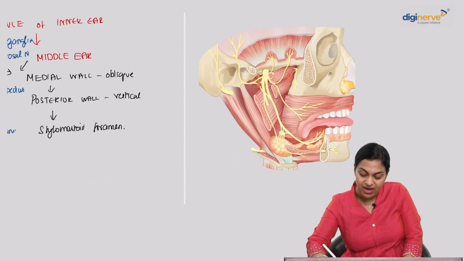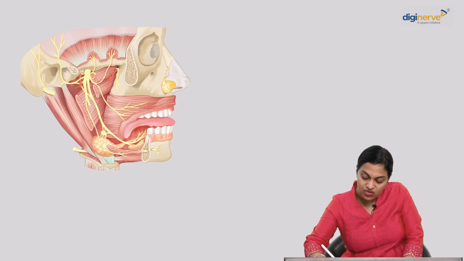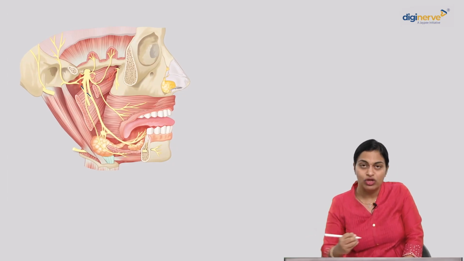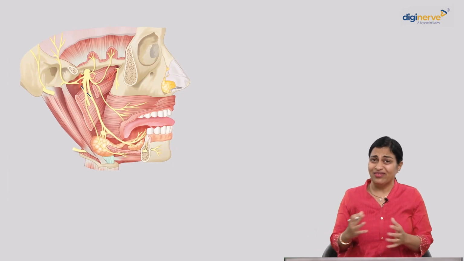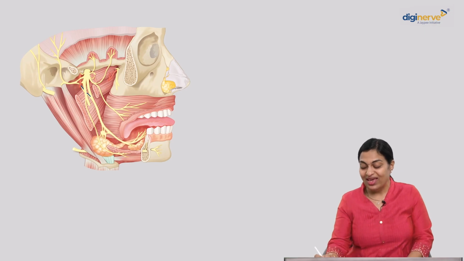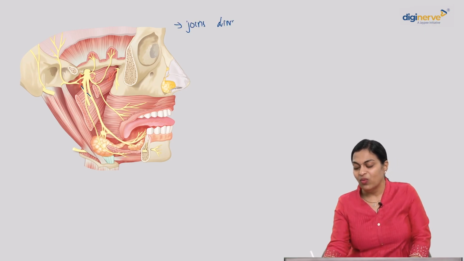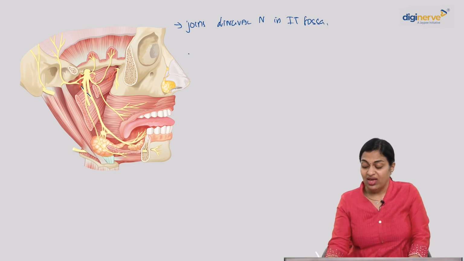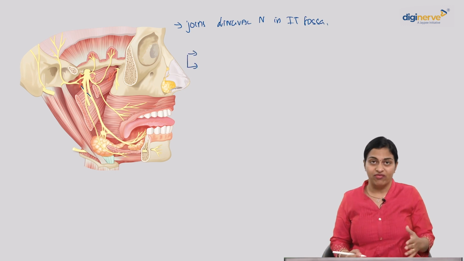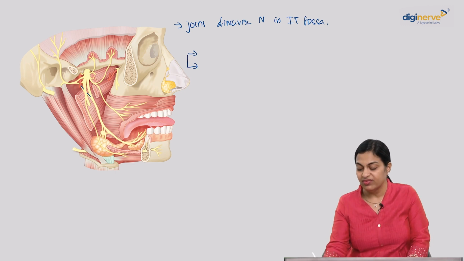And this chorda tympani branch of the facial nerve, something different happens. Okay, it joins the lingual nerve. What is this lingual nerve coming from? It's a branch of the mandibular nerve in the infratemporal fossa. It hands over two of its functions to the lingual nerve.